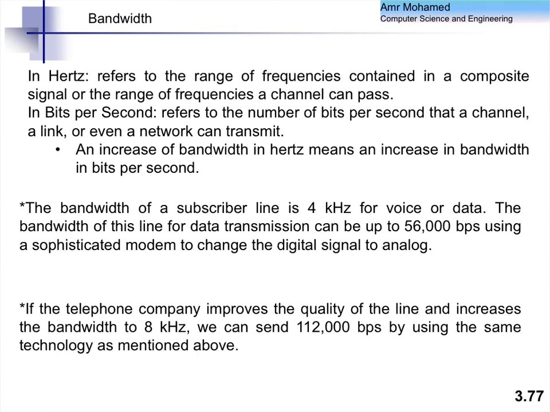If you look at it from the channel point of view, you see what is the minimum frequency that the channel can support, what is the maximum frequency, and also this is the bandwidth. Sometimes we measure the bandwidth in bits per second, and in that case we refer to the number of bits per second that the channel or a link can transmit, which is, again, proportional to the bandwidth in hertz.